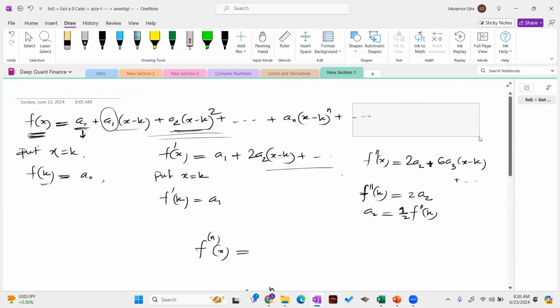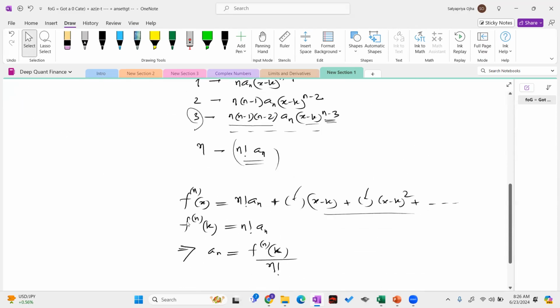Anything above that still remains, but with a factor of x minus k, x minus k square, x minus k cube, and those drop off when I put x equal to k, because they contain the term x minus k. And then finally, I'm left with these coefficients. So this is extremely interesting.